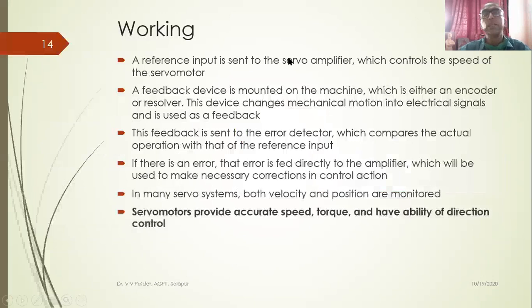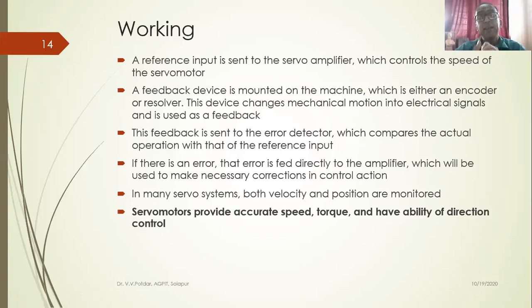Working: a reference input is sent to the servo amplifier, which controls the speed of a servo motor. A feedback device is mounted on the machine, which is either an encoder or a resolver. This device changes mechanical motion into an electrical signal and is used as feedback. This feedback is sent to the error detector, which compares the actual operation with that of the reference input. Just now I told you the working.